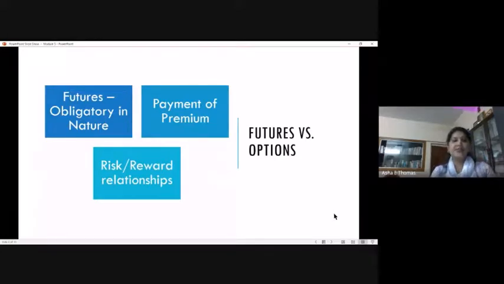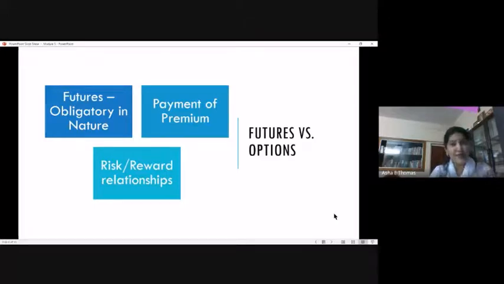Then the next is the risk and reward relationship. When I am in a long position, my loss is limited to the premium I pay. Why? If I want, I can exercise. If I do not want, I can exit. In that case, what I am going to lose is only the premium which I paid to my counterparty at the time of entering into the contract.